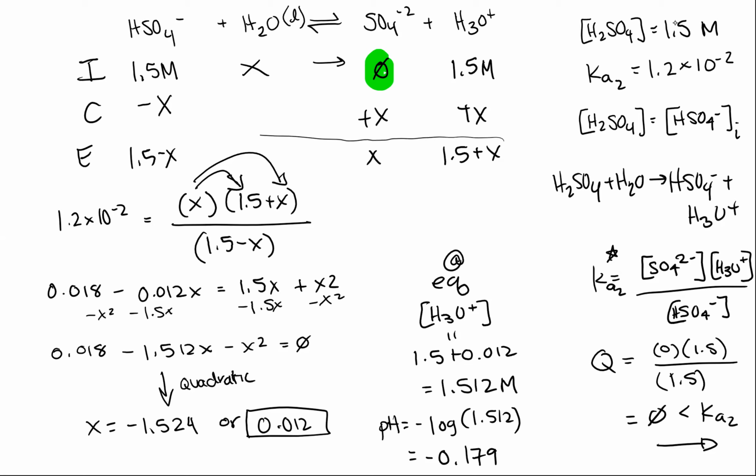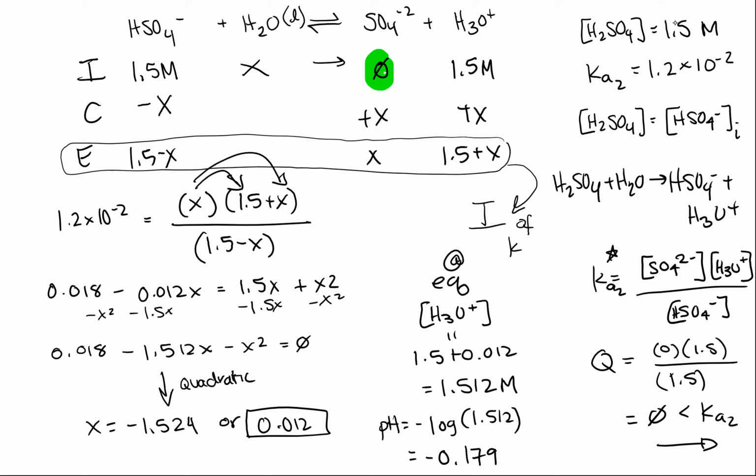And then if this was a triprotic acid, we would take these equilibrium concentrations and they would become the new initial concentrations of the third ionization. So try it on your own, and then I'll post a solution of phosphoric acid going through all three of these ice tables, one right after another.